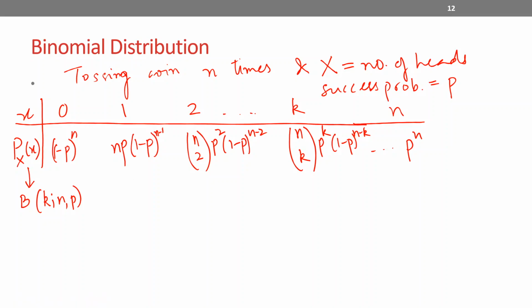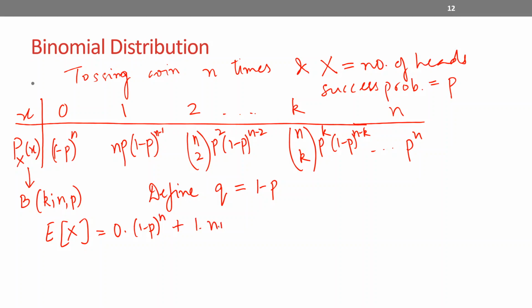So in order to ease my writing of expressions, I'm defining q, which is failure, 1 minus p, right? Now I'm ready to calculate the expectation for my random variable X, which is going to be 0 times (1 minus p)^n plus 1 times n p (1 minus p)^(n minus 1), because I'm simply multiplying x times p of x, because that's what the formula says, right?